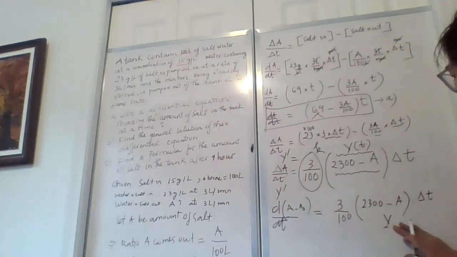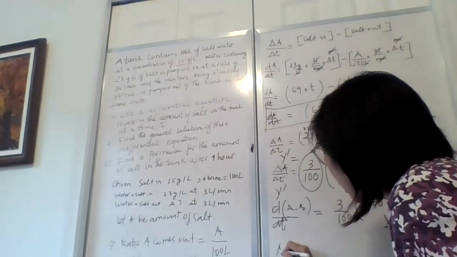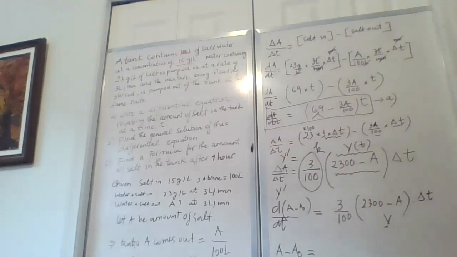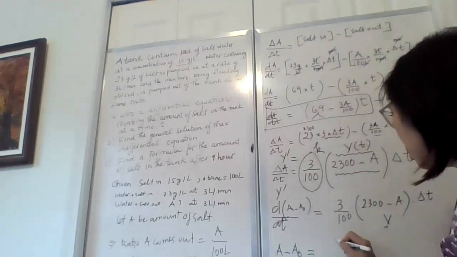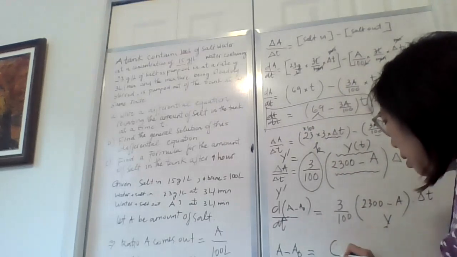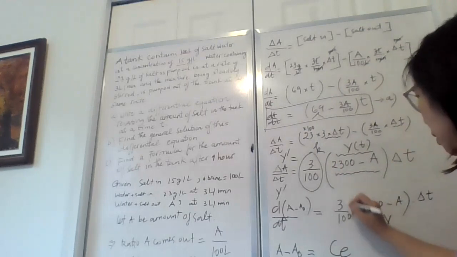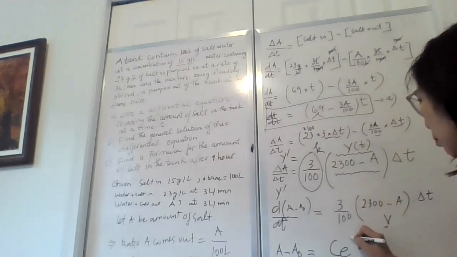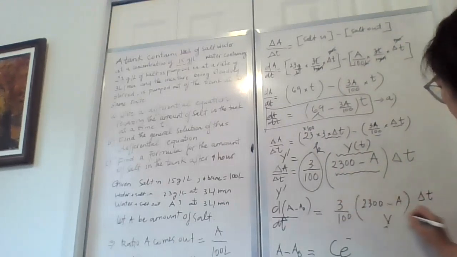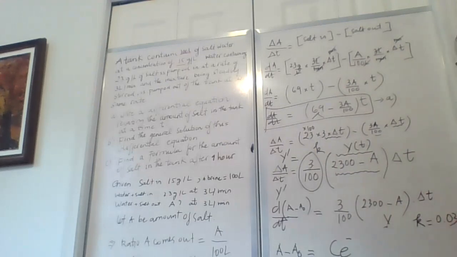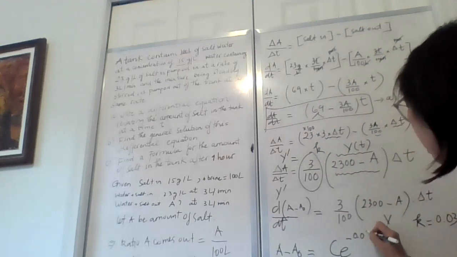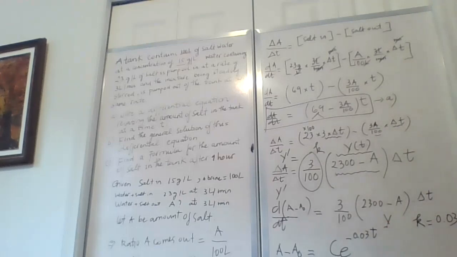So now I can write this as A minus A0 equal C e, I'm going to change this to become kt. So our k, we have to figure out what k is, this value, which is 0.03, right? 3 divided by 100 equals 0.03. So 0.03 times t, right?